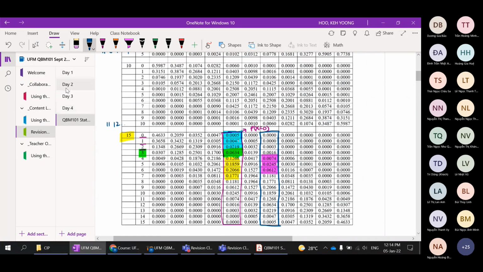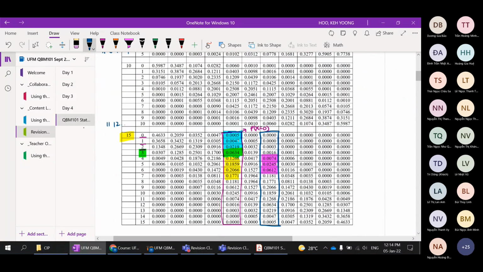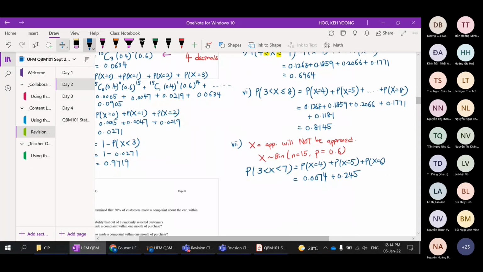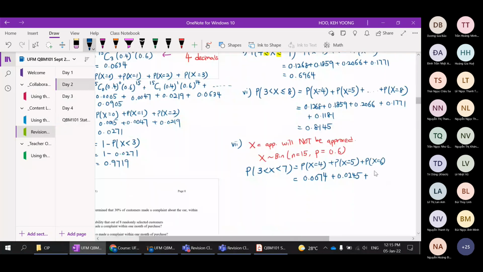Okay, 0.0245, and then x equals 6 is 0.0612. You add up yourself and see where is the answer.